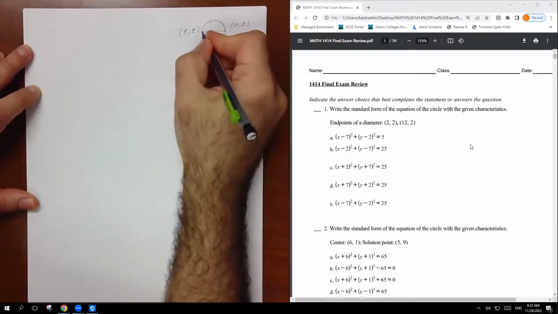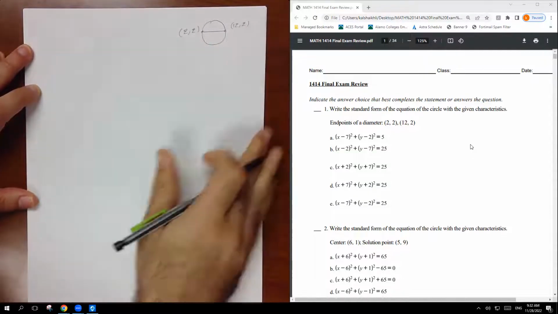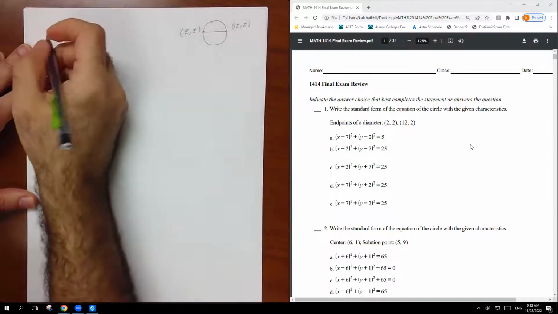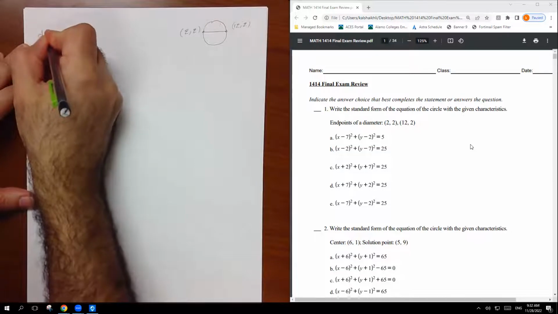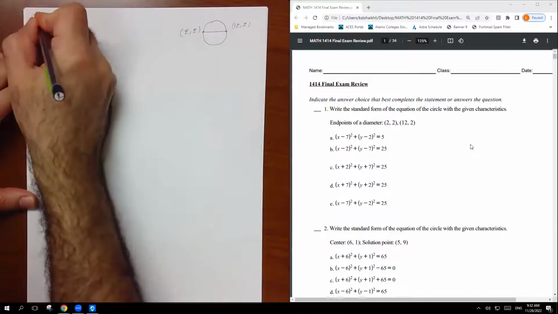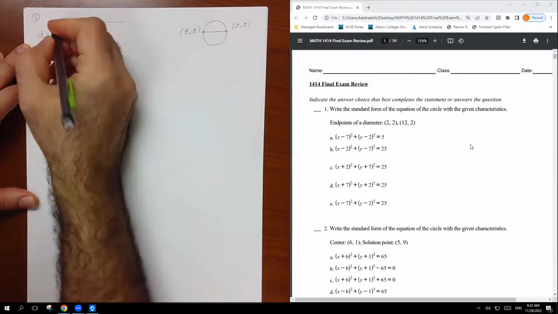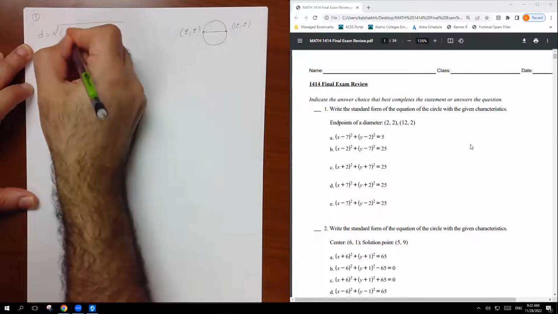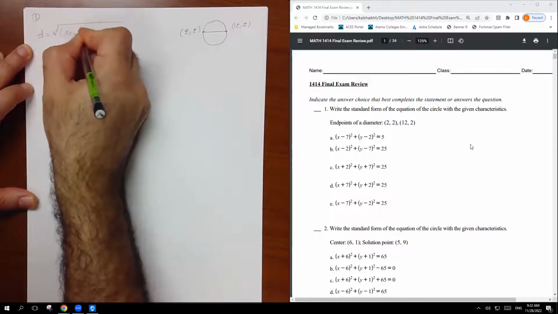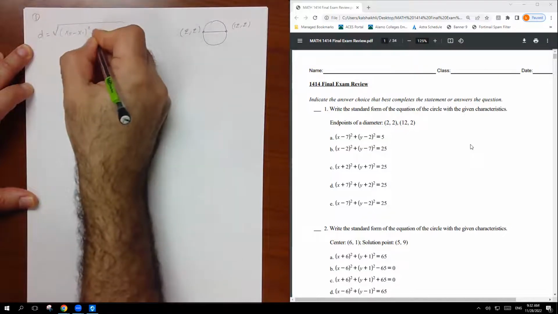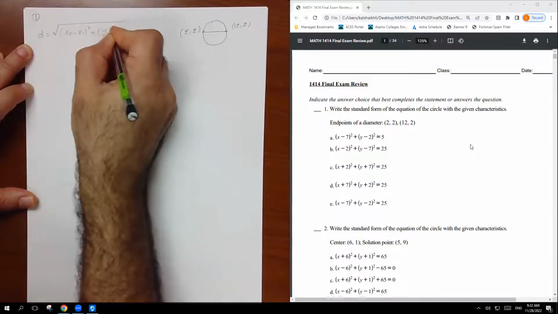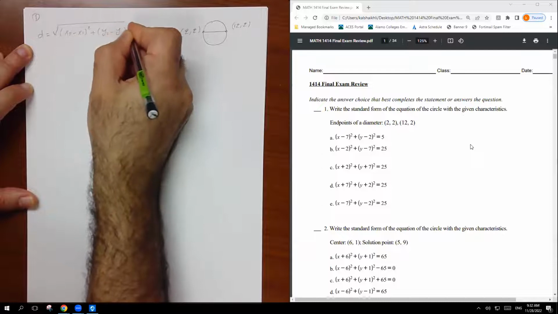So the first step, I'm going to find the diameter by using the distance formula. The distance formula, this is number 1, is the square root of x2 minus x1 squared plus y2 minus y1 squared.